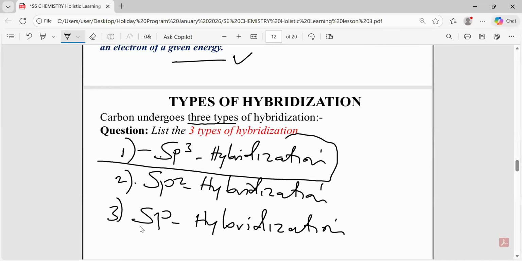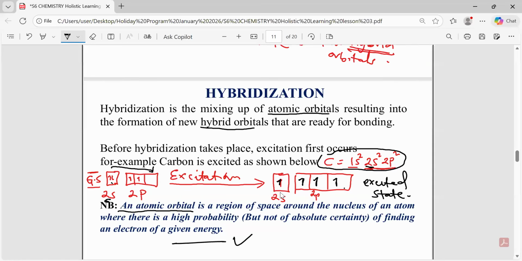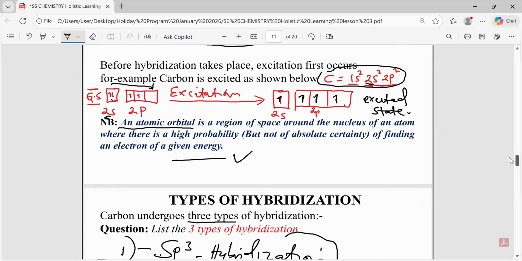When you go to sp, we're using 1 s and 1 p. And when you talk about sp, s is from where and p is from where? That is something we need to understand.